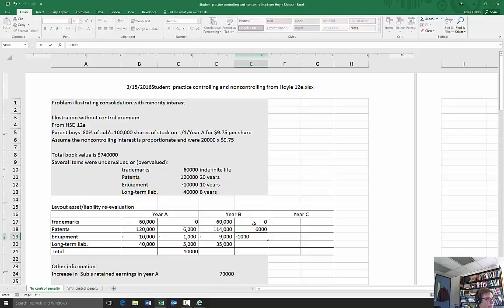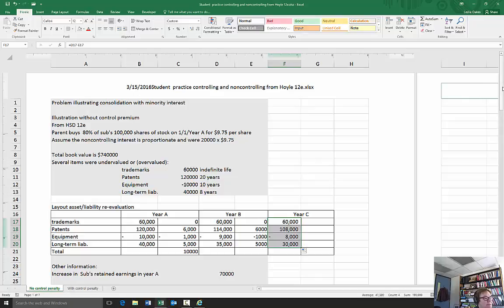You could just copy from the other one. And 5,000. So here's the next balance. Going down. So there's our balances as of the beginning of year C.